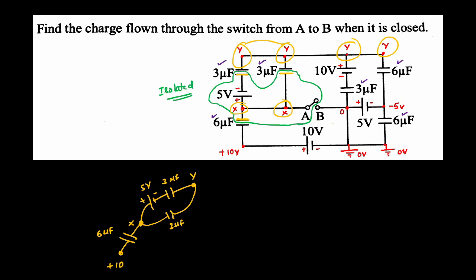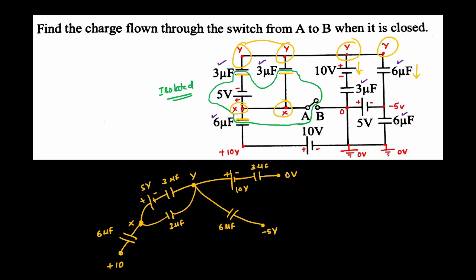This arm has one 10 volt cell followed by one 3 microfarad capacitor. Then we have a zero potential, 0 volt. Then one more branch, which has a 6 microfarad capacitor followed by minus 5 volts. So this is what we have in our system.